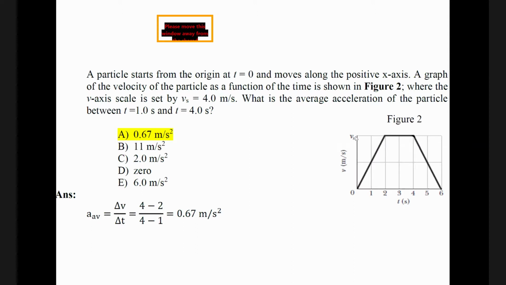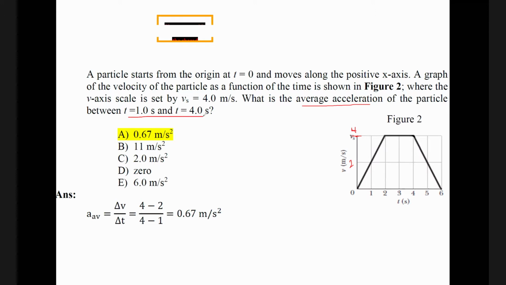The y-axis is velocity versus t, where the v-axis scale is set by vs equal 4, which means this point is 4 meters per second, and here should be 2 meters per second.